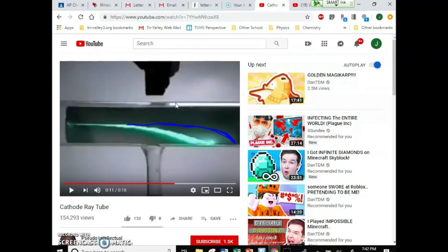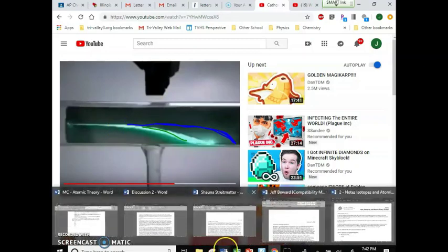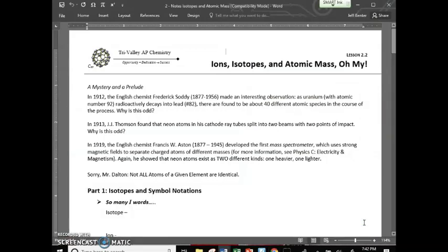The green particles, though, because they've been easier, had to be smaller in mass, and so therefore these neon atoms had to exist as 2 different masses, not just 1. And so that meant that no, all neon atoms could not be the same. In fact, there had to be at least 2 different kinds here.